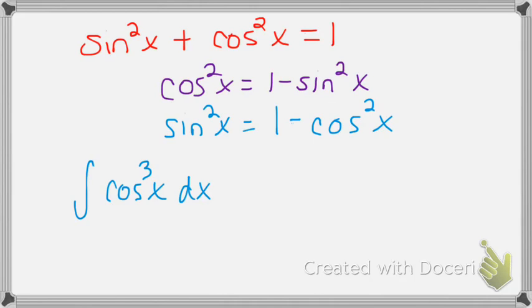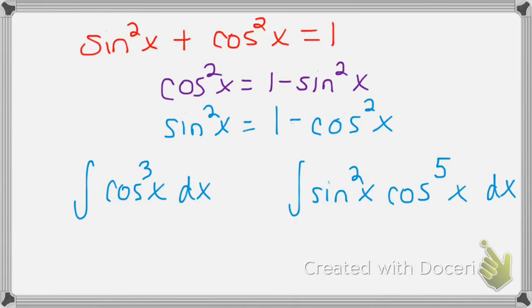Or a problem like this. Why can't I use u substitution on that one? Because it's not just a sine x, it's sine squared of x. So when one of the powers is odd, and there's not just a plain old sine, this is when these identities are going to be used.